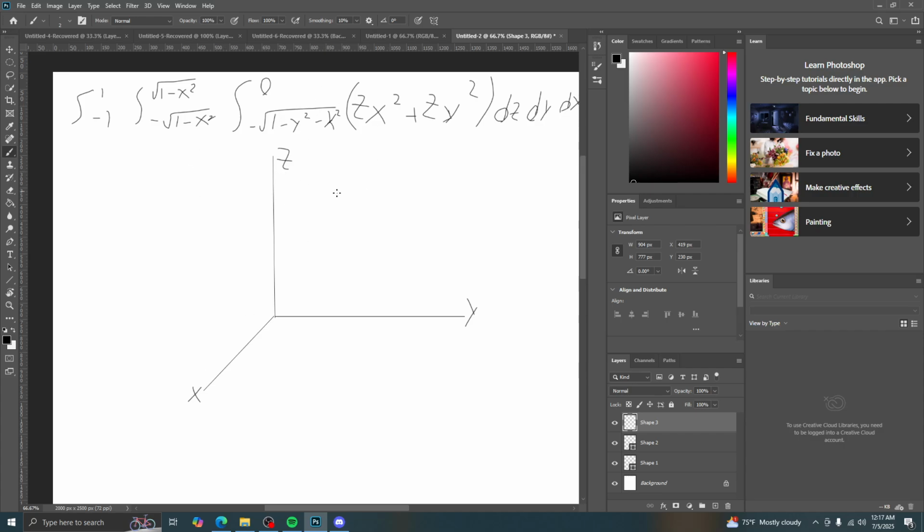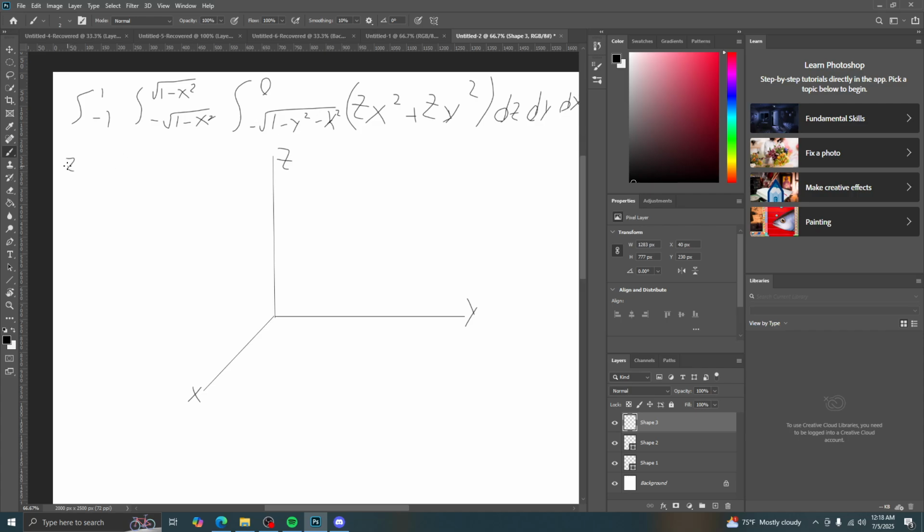If you remember from the cylindrical example, the z is just going to be a sphere. The bottom bound is the negative half of the sphere, and the top bound is 0, so it's just the bottom half of the sphere.